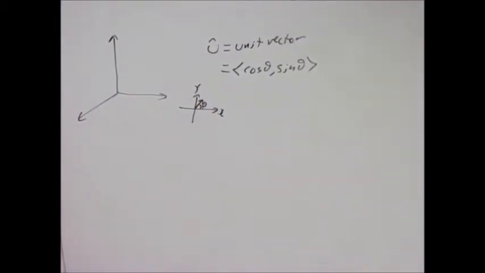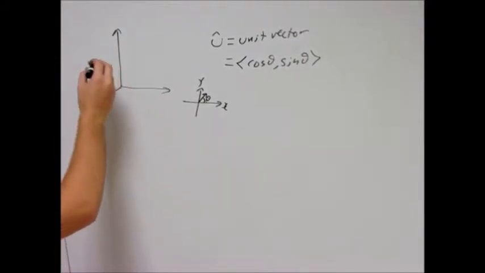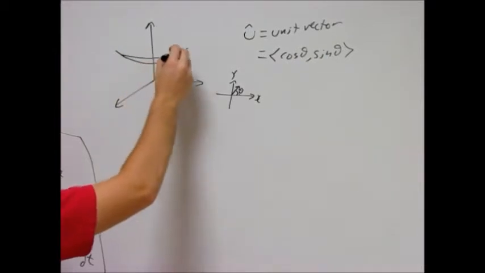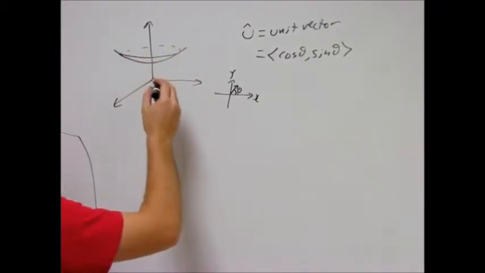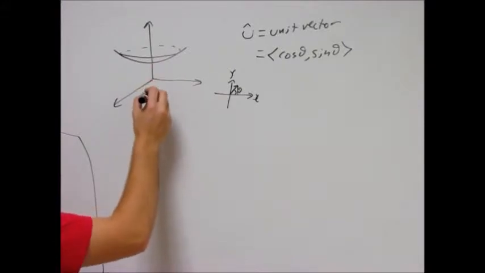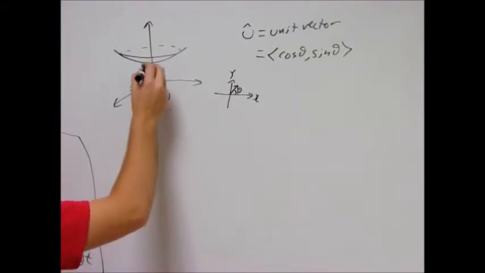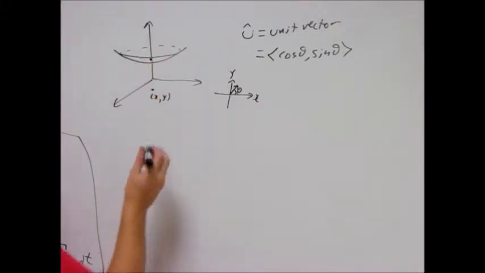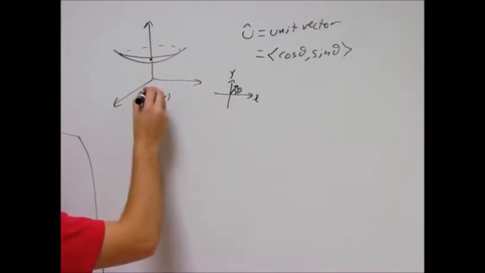As you can see, now we have a function here. A point here, x, y, and there's the point of the function, and we want to take the derivative in the direction u.